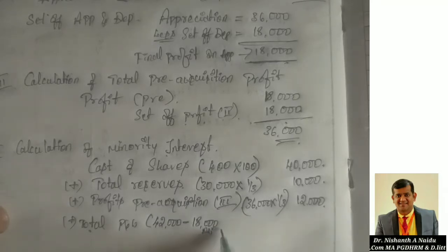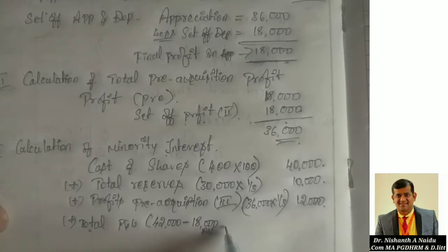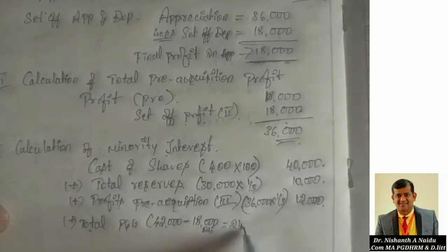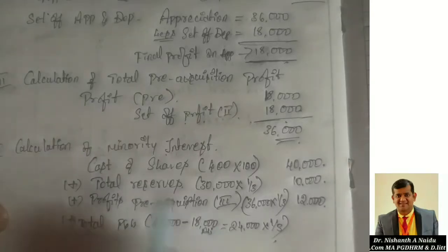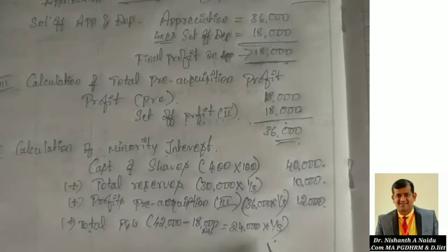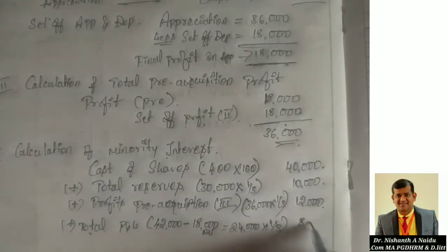Deduct this adjustment of 18,000, so you will get 24,000 into 1 divided by 3, because we are calculating minority interest. So 24,000 into 1 by 3 is 8,000.